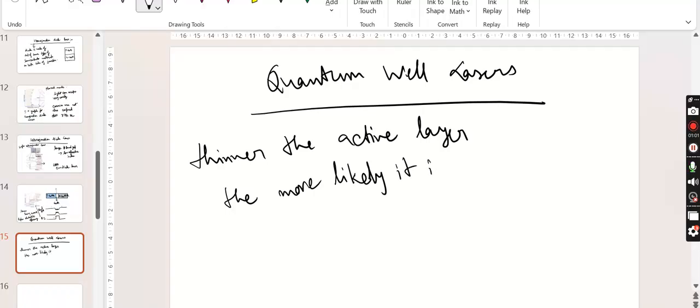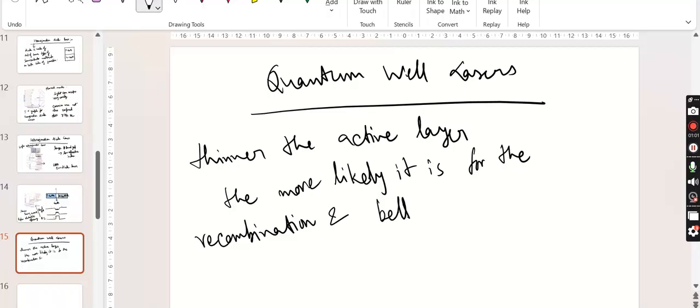Likely it is recombination and better laser performance.